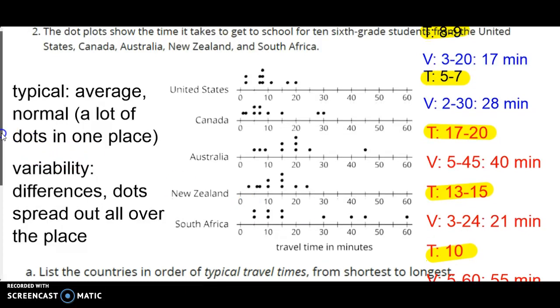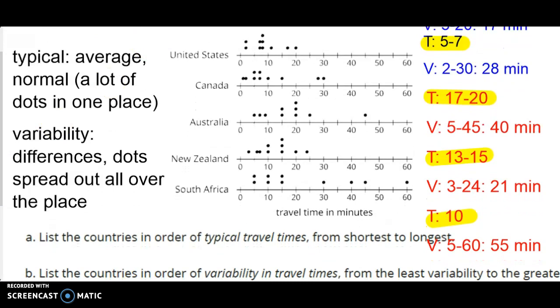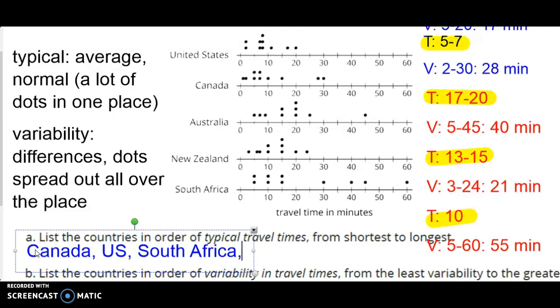So I think the lowest we can all agree is Canada. So it goes Canada, then the US, then we had South Africa, then New Zealand, then Australia.